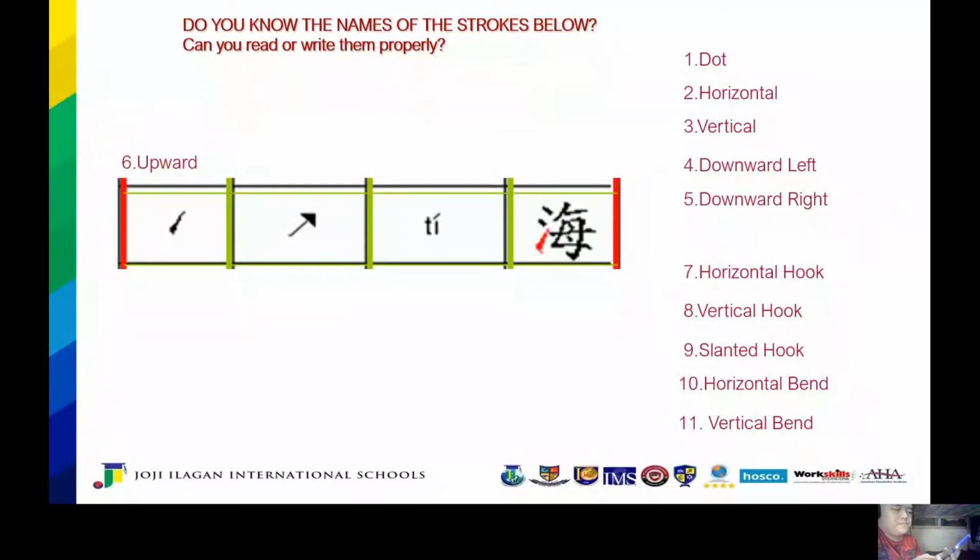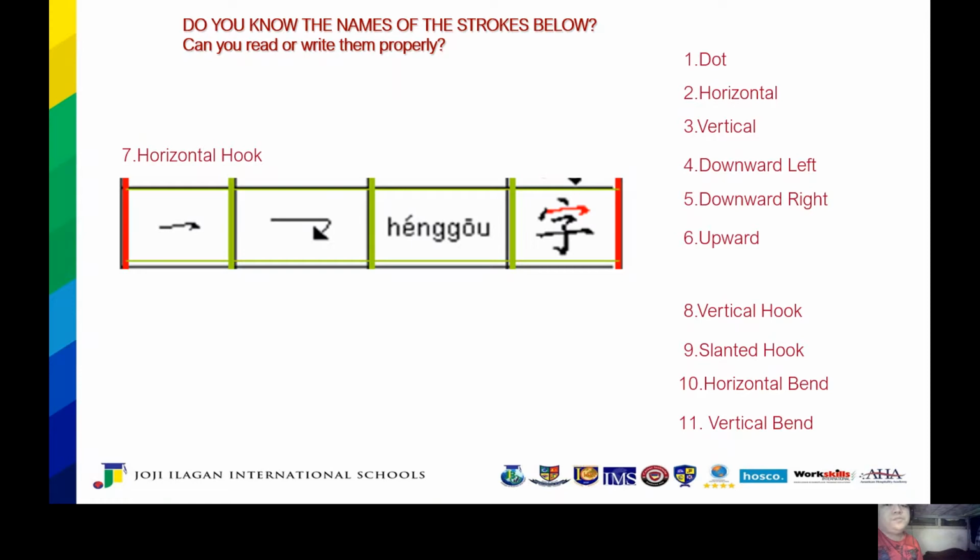Next is the horizontal hook, or hengou, or the horizontal hook stroke. It's like a horizontal line, then you just place a hook at the end. And let's teach you how to do this para mabilisan lang. Mabilisan lang po tayo pag turo ng strokes.